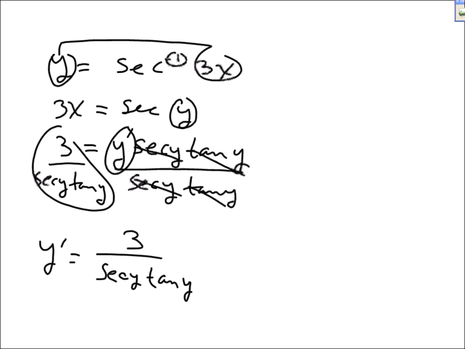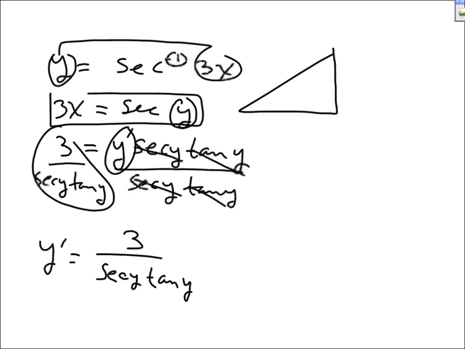So we need to get a triangle with an angle y, and there are at least 2 or maybe in this case 3 sides. And it comes from here. That talks about the angle y. Tells me the secant of y is 3x over 1.